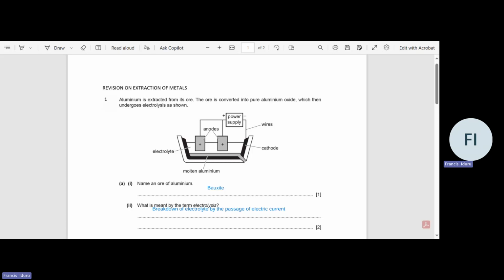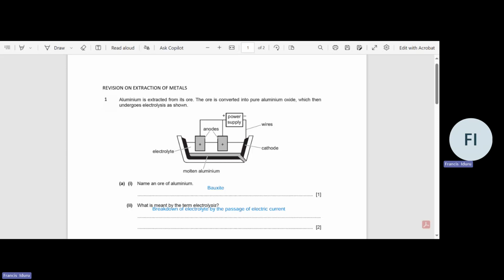Aluminium is one of the core metals that you must know in and out for your success. Aluminium is extracted from its ore. The ore is converted into pure aluminium oxide.